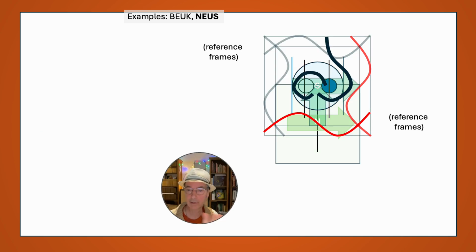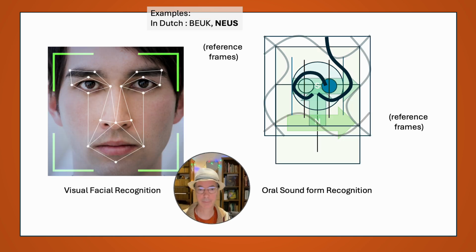So basically these frames that move and your side moves, and then you fit all these things in, they are a bit like reference frames, which can be compared to visual facial recognition. And that's basically the foundation of my theory.